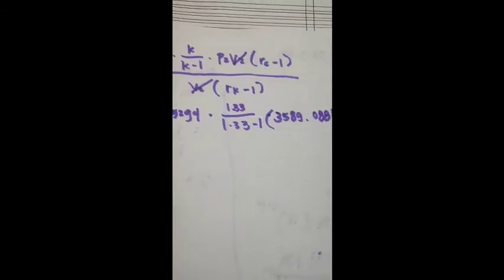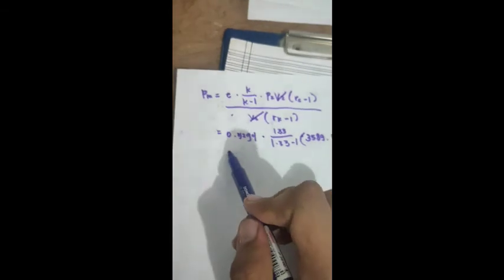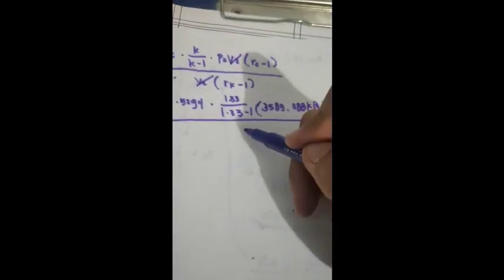So Rc minus 1 is equal to 2.1 minus 1 over 15 minus 1.